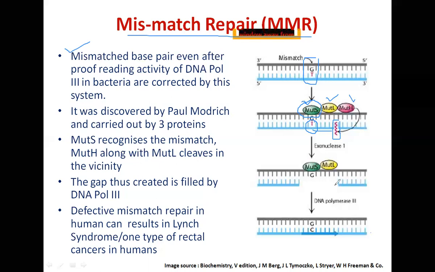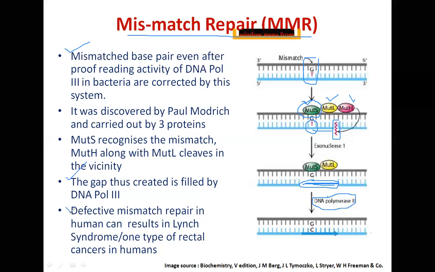So this particular stretch of DNA containing the mismatched base pair is going to be removed. Now the thing that you need to understand is that whatever gap is generated, that gap is filled by the action of DNA polymerase 3, not DNA polymerase 1. DNA polymerase 3 is a part of this mismatch repair mechanism here.